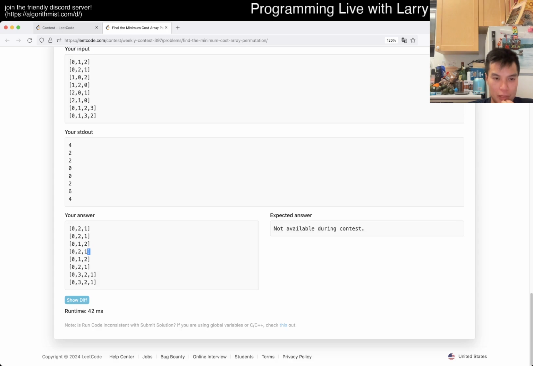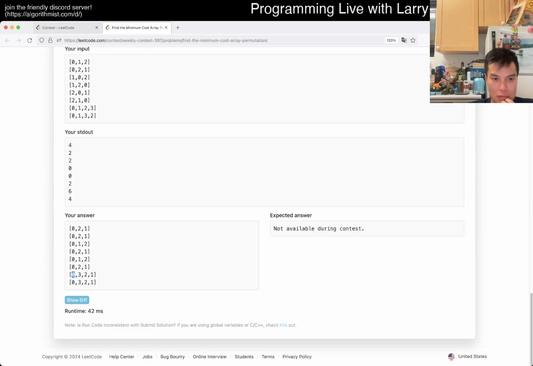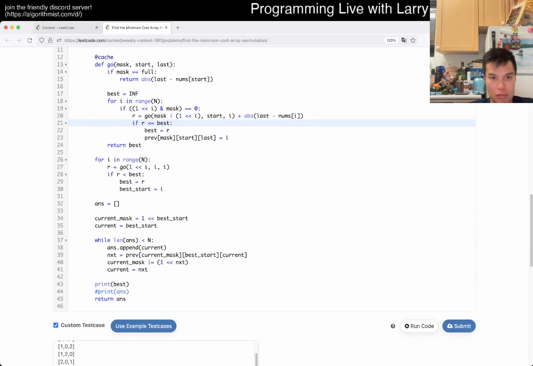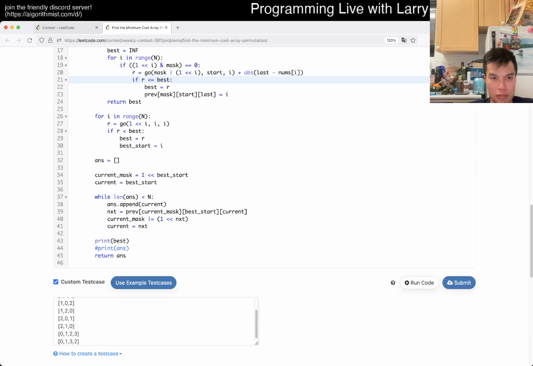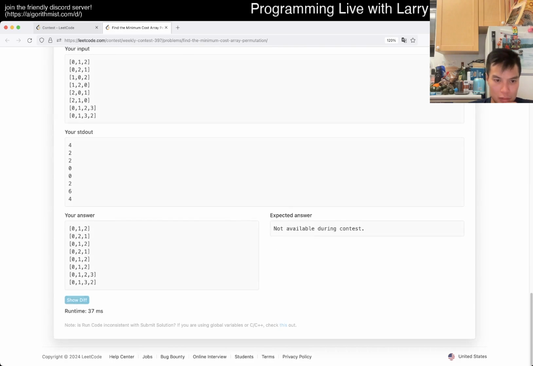Try to figure out a tie-breaking strategy. But it's not symmetric, which is actually a little bit surprising.